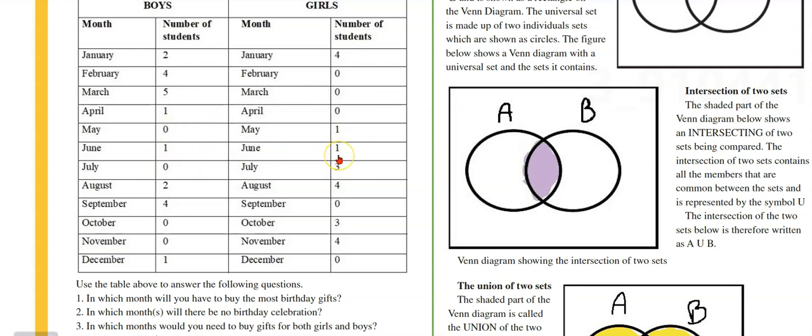June, 2. July, 3. August, 6. September, 4. October, 3. November, 4. Alright, so it looks like 6 would be the highest one: 2 boys, 4 girls. Outside of that, the closest we got was March, which would have been 5 boys only.